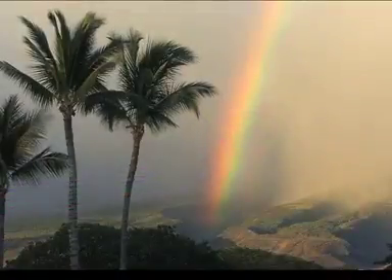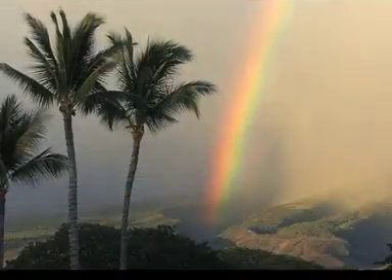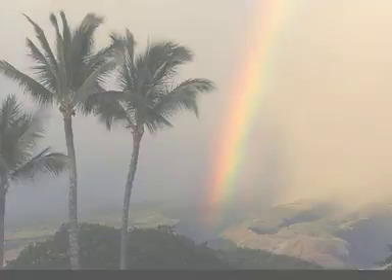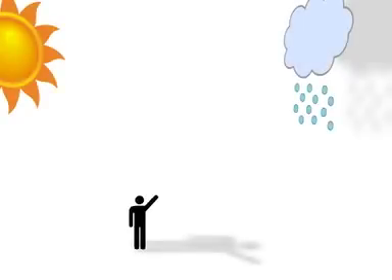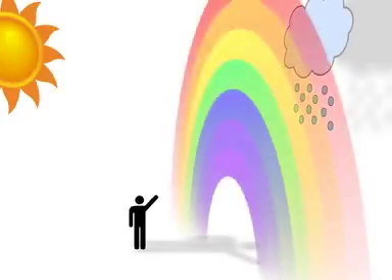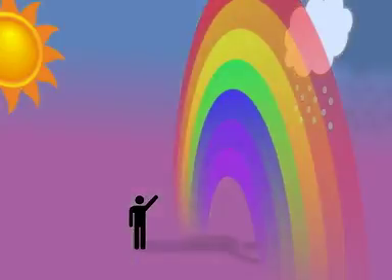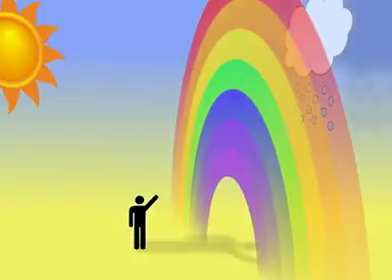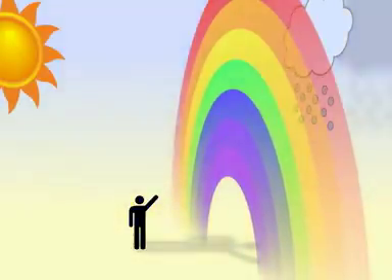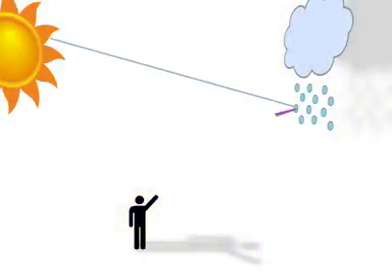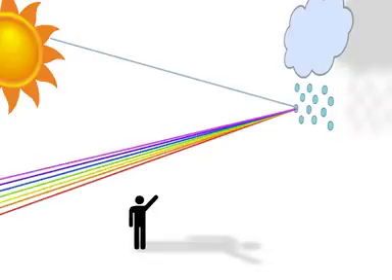A real rainbow, caused by rain, occurs when the sun is behind you and the rain is gently falling in front of you. The correct angle for the sun usually happens later in the afternoon or very early in the morning. The gently falling raindrops act like millions of tiny prisms falling from the clouds and separating the light spectrum.